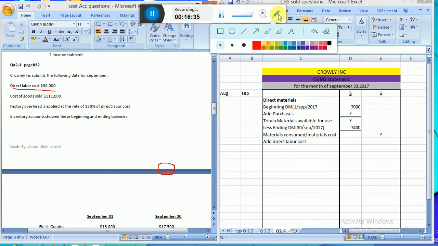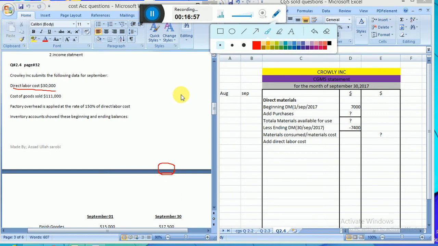It means that during the month of September, the 30,000 direct labor cost took place from transferring the direct material to where?